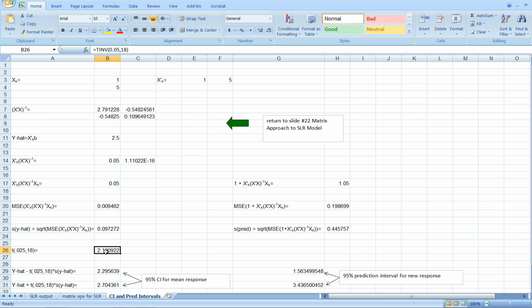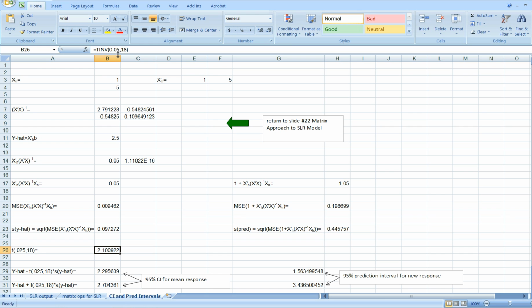Did I make a mistake here? No. Keep in mind, the notation's a little tricky here. I'm talking about t sub 0.025, that's alpha over 2. In order to compute t sub 0.025 with 18 degrees of freedom, notice up here that the t inverse function needs to know what area is in both tails.